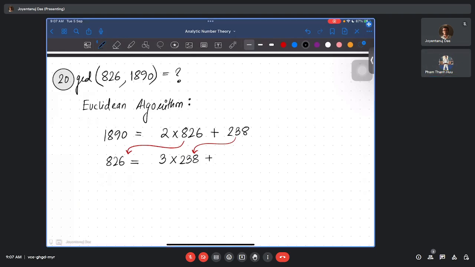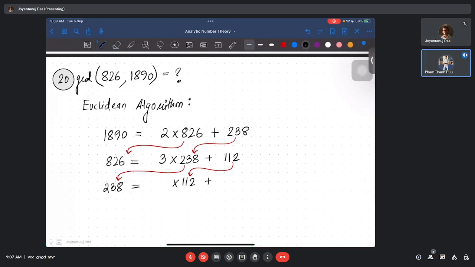It is 3 times, and the remainder is 112. So the next step is 238 equals 2 times 112 plus 14.